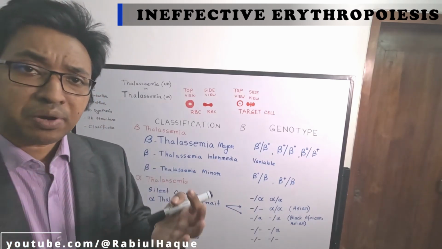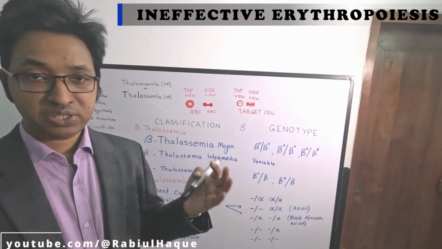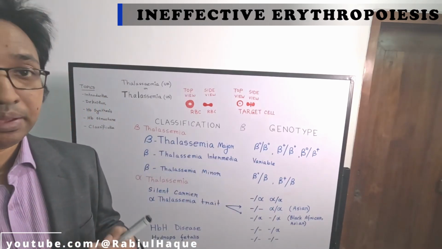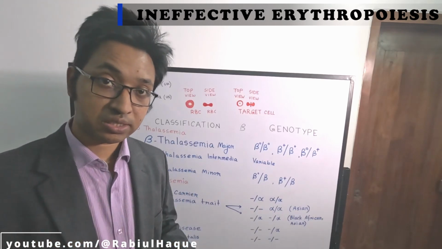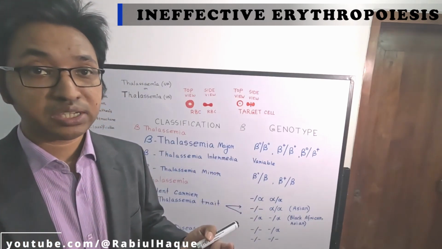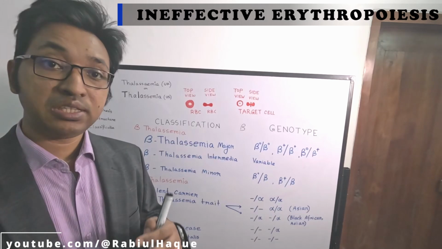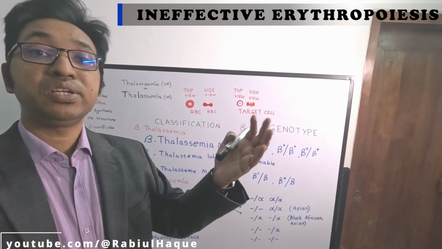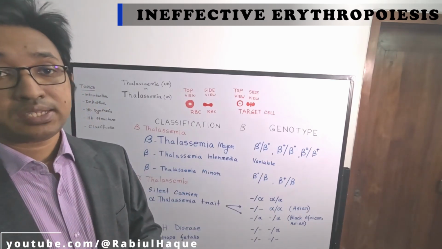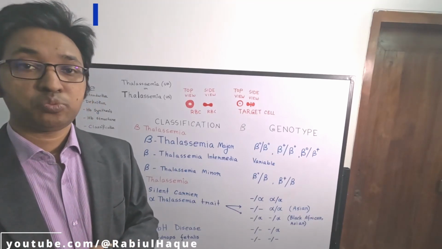So those unbound alpha chains will precipitate, that will damage the membrane of those red cell precursors, and many of them will die by apoptosis in the bone marrow before leaving the bone marrow. That is known as ineffective erythropoiesis.